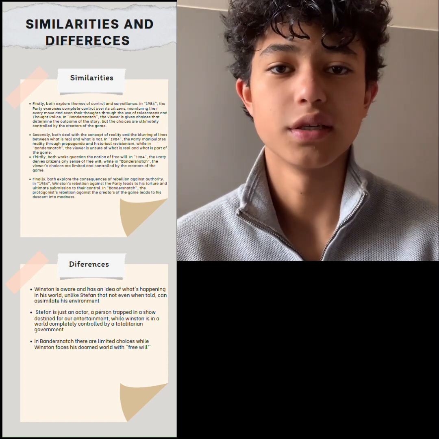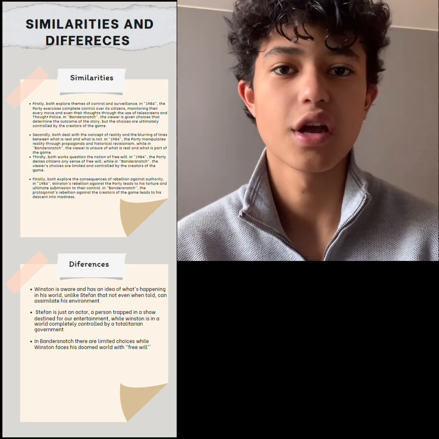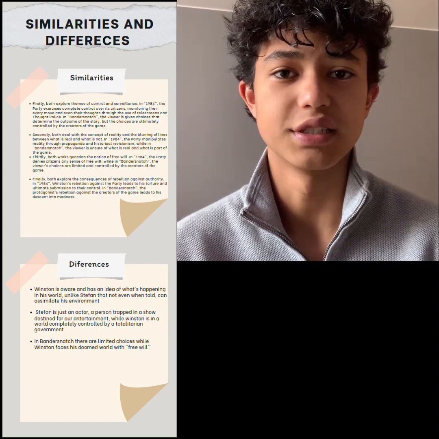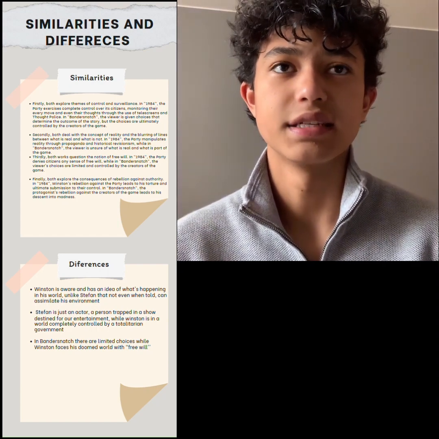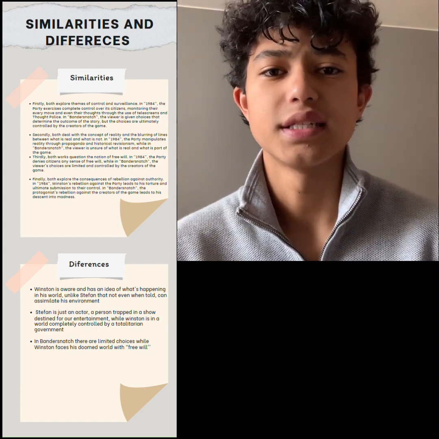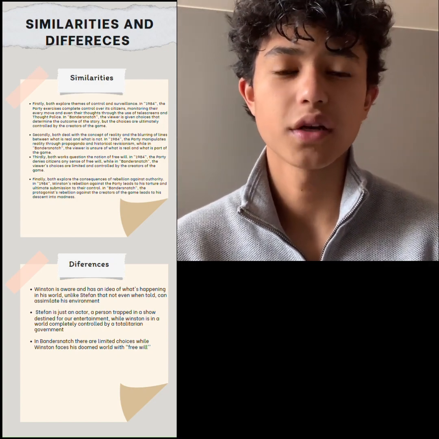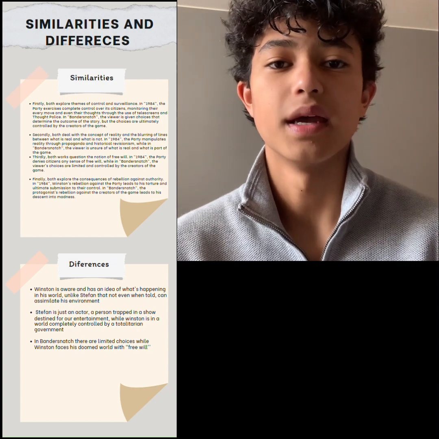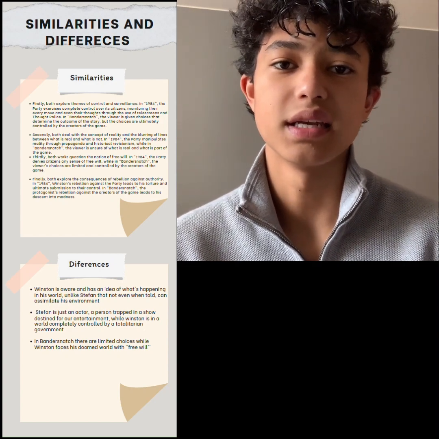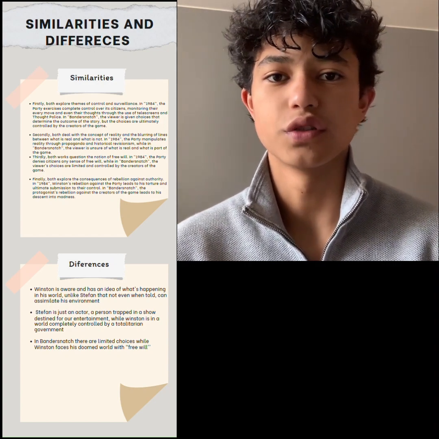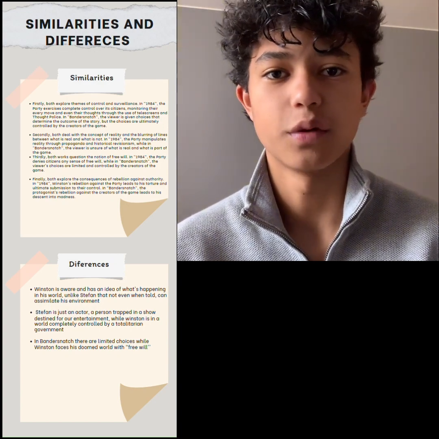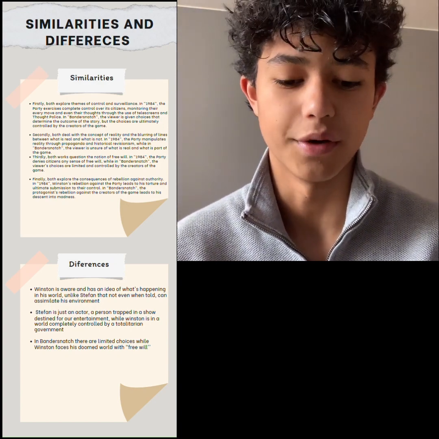On the other hand, the movie explores themes such as free will, choices, and alternate realities. Setting. 1984 is set in a bleak, totalitarian society in which government controls citizens' lives. The movie is set in the 1980s, and it follows the story of a young video game programmer.